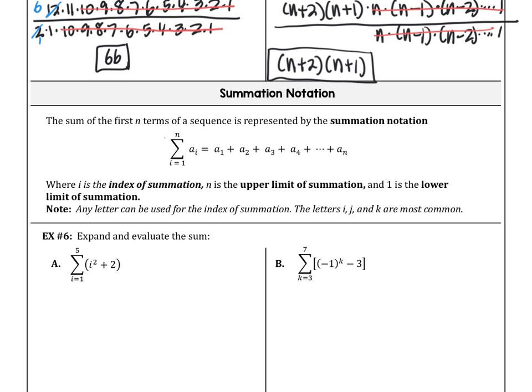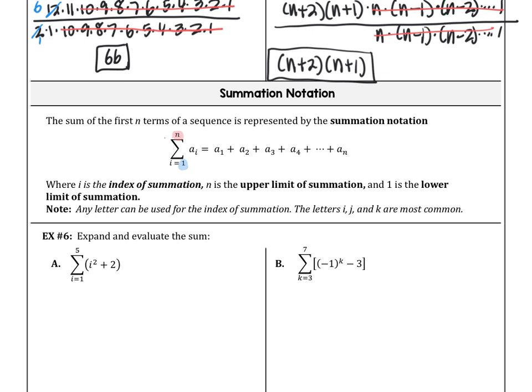So notice on the bottom here, you're starting with the 1 down here. This is your starting point. That's what you put in, your lower limit. And then you go to your upper limit, which is whatever number's on top of that big symbol there. And that big sigma notation just means sum. So find the sum of the items in the sequence.